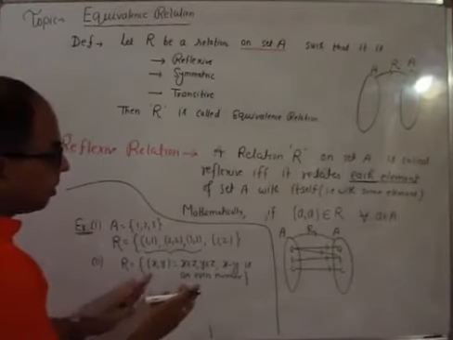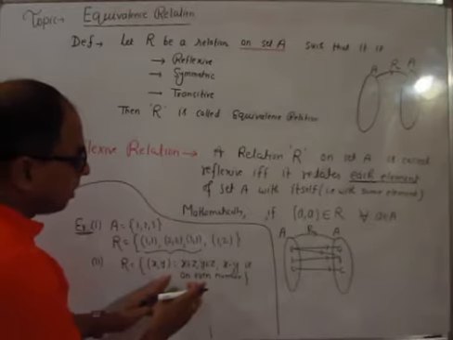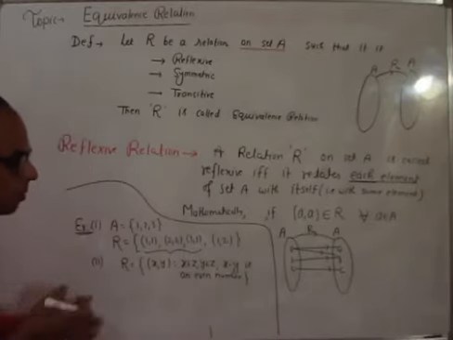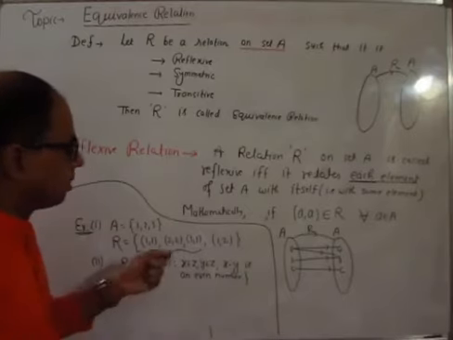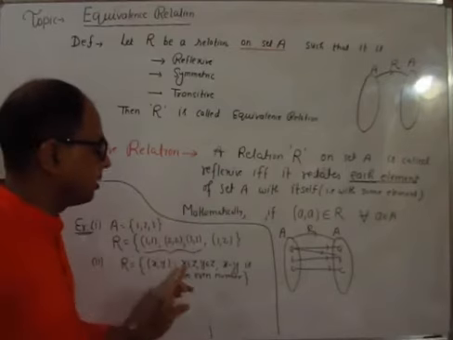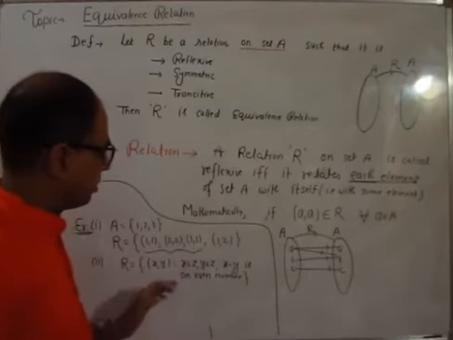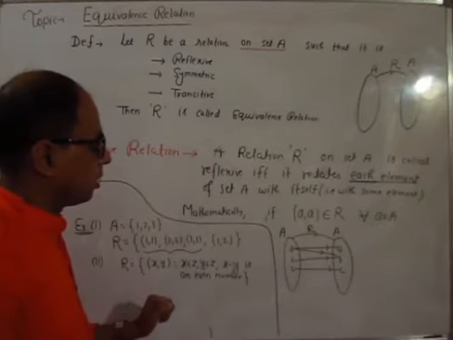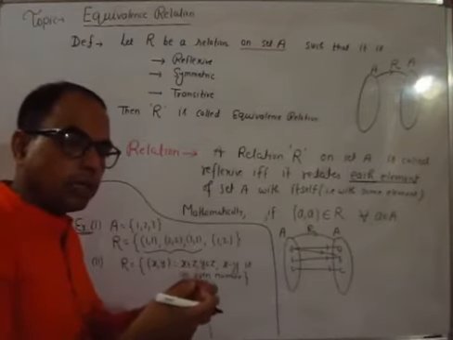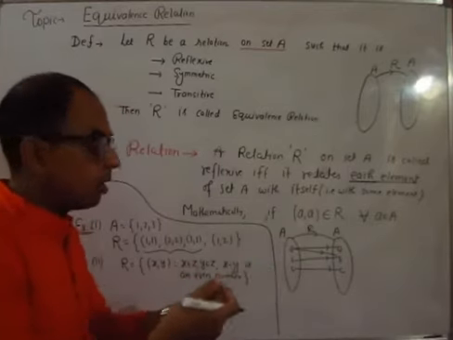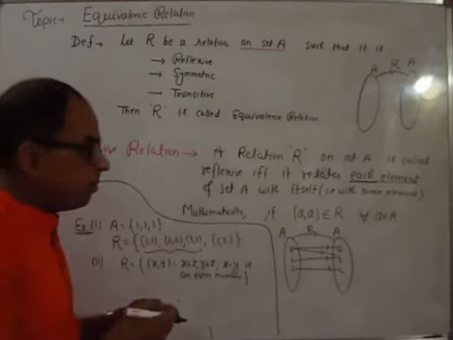Now we have to decide whether this relation is reflexive or not. Practically we can check. Suppose we take any integer 1. If 1 is related with 1, then it will be reflexive.